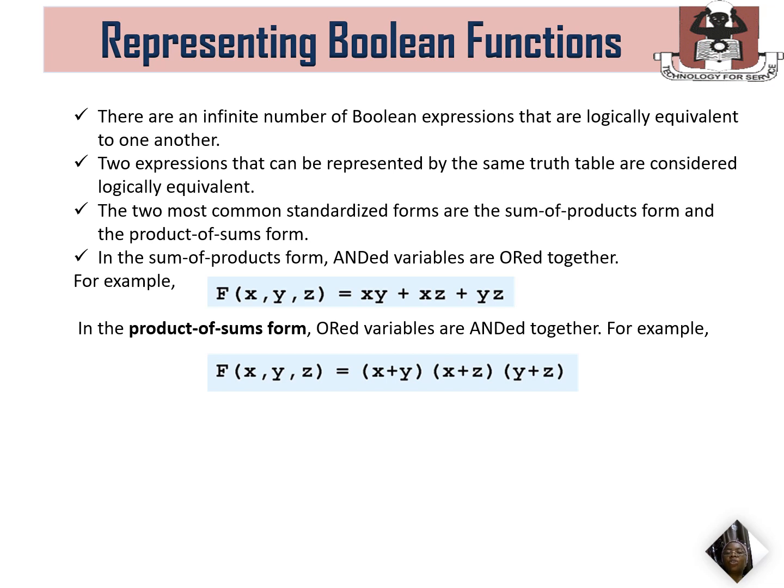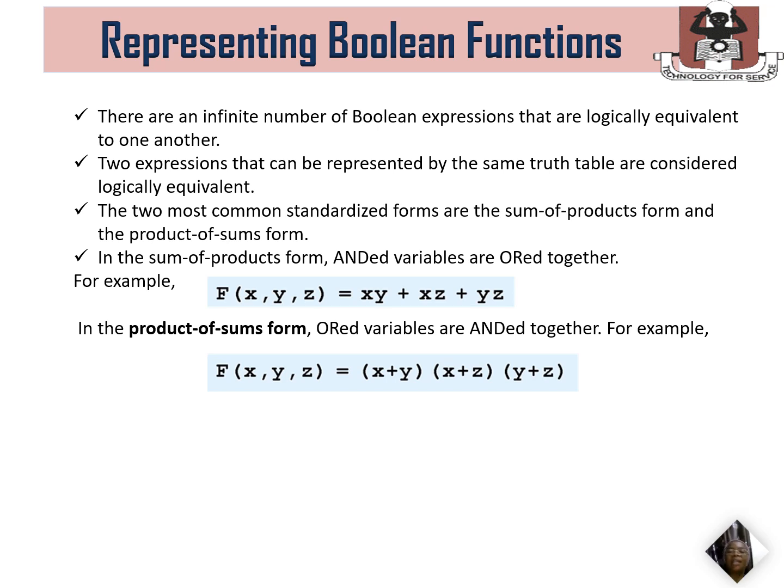The two most common standardization forms are the sum of products form and the product of sums form. In the sum of products form, ANDed variables are ORed. Then in product of sums, ORed variables are ANDed together.